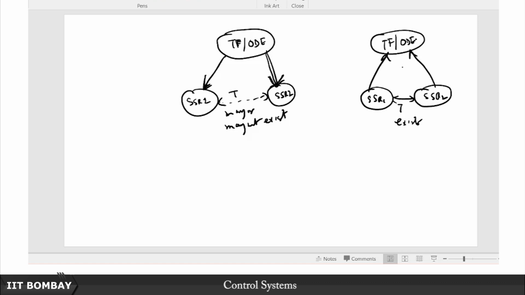If you get two realizations from a transfer function, it does not mean that there has to be some similarity transformation between the two. It will only exist if the realizations are minimal, something we have not covered and probably will not have time to talk about in this course. Minimality is essentially when a system's realization is both controllable and observable. Of course we have not even introduced what controllability and observability is. We have said quite a bit about it, but not really introduced it at all. We will do that in a later lecture maybe.